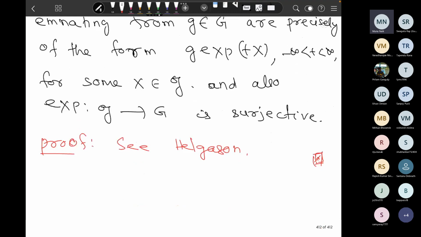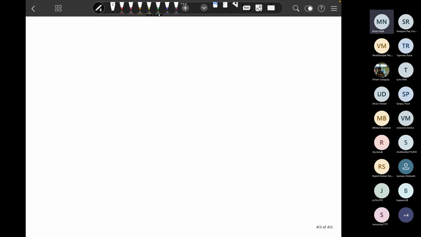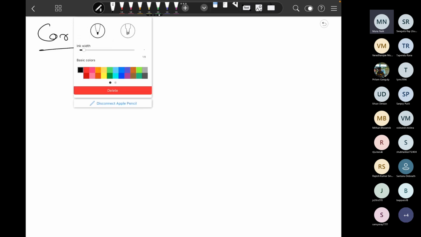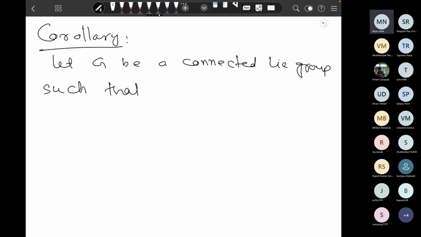Okay. So you can get a corollary. Corollary: let G be a Lie group such that G, or its Lie algebra, is compact.